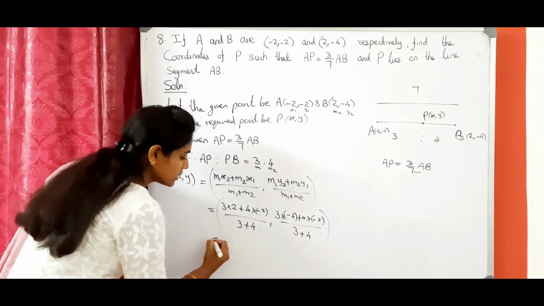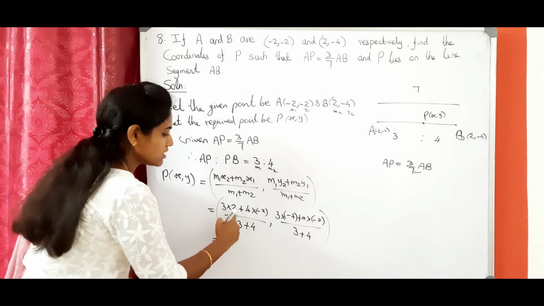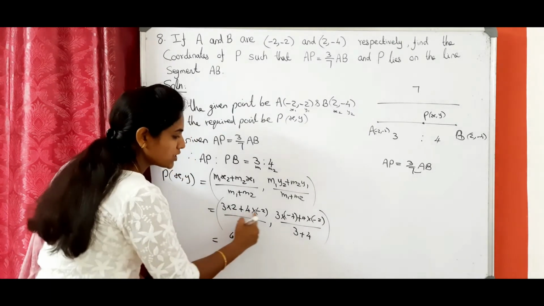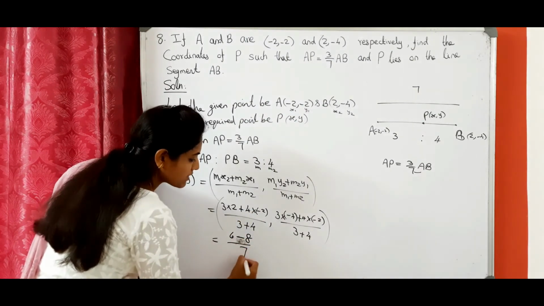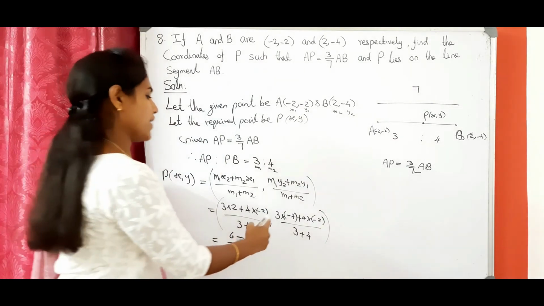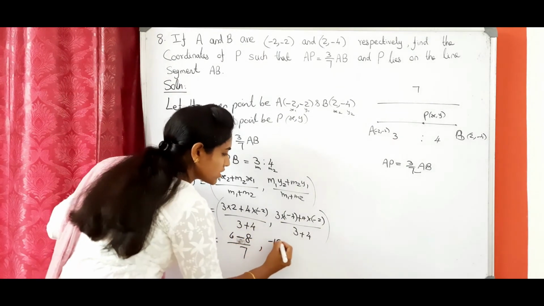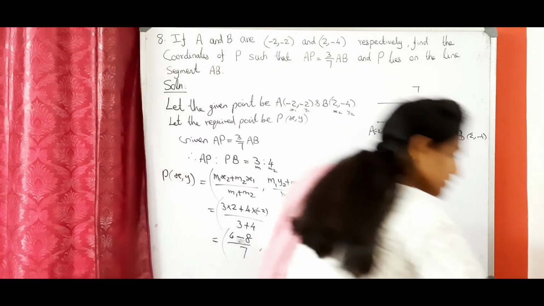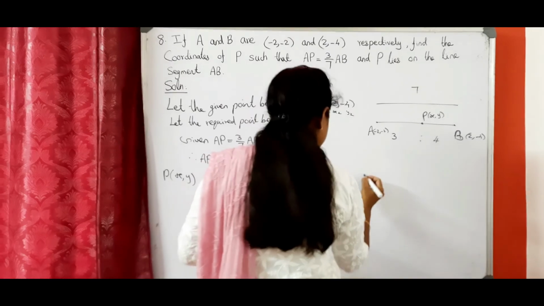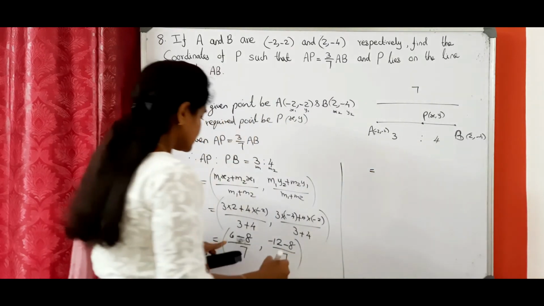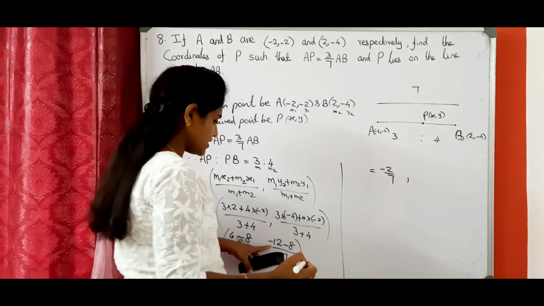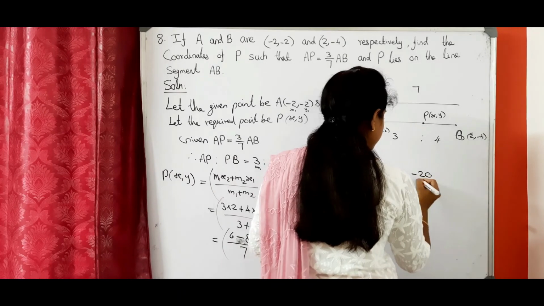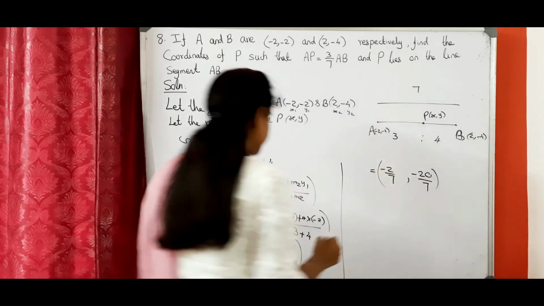Now multiply: 3 into 2 is 6, plus 4 into -2 is -8, divided by 7. And 3 into -4 is -12, and -8, divided by 7. That equals (6 minus 8)/7 which is -2/7, and here -20/7.